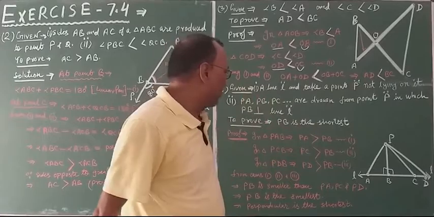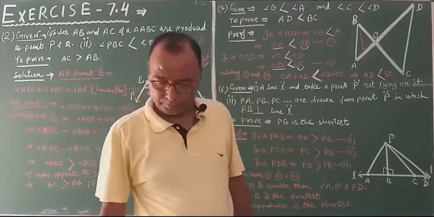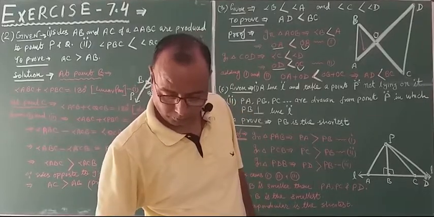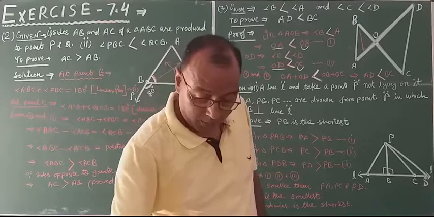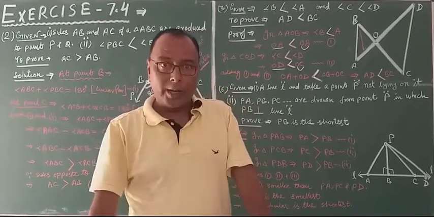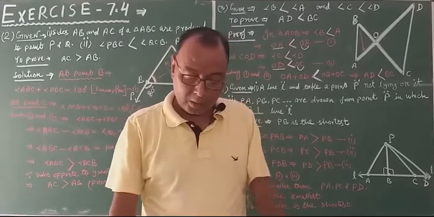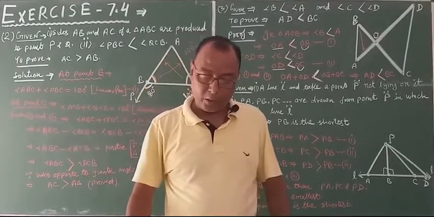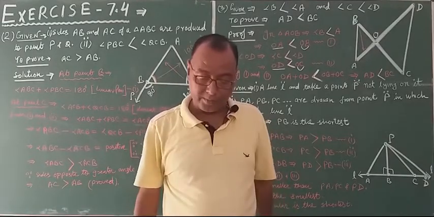Now this is question number 6. Look at this question number 6. Prove that of all line segments drawn from a given point, not on it, the perpendicular line segment is the shortest.